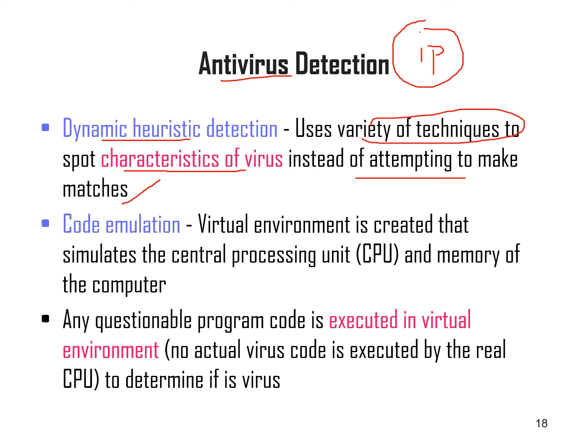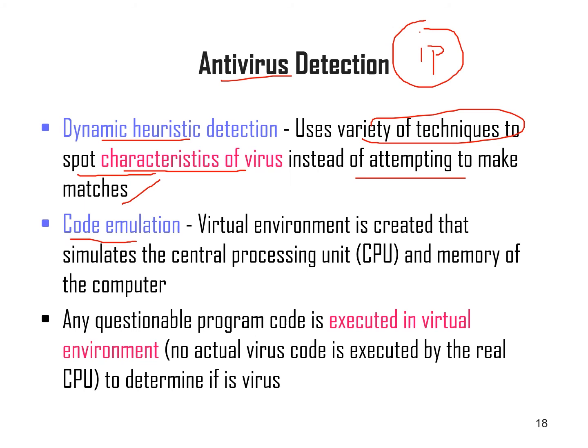If a file is communicating with a malicious IP address, then it is actually malware. If it is downloading some anonymous file without the user's knowledge, then it is an illegal activity. So I am spotting the characteristics of the virus.